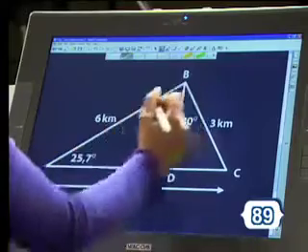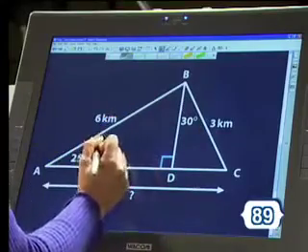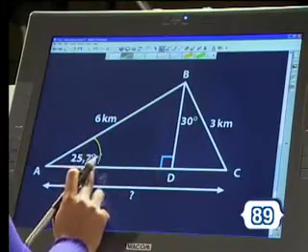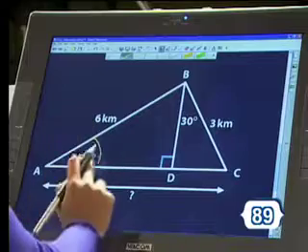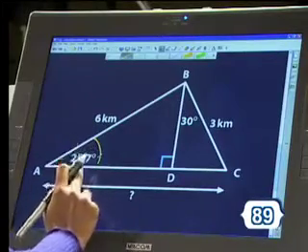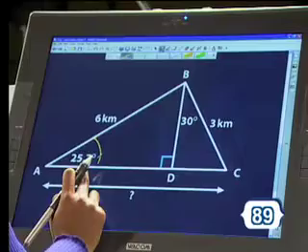So we're now going to take all of that information that we got from the bearing diagram and put it into a triangle so that we can work out his distance from his starting point. So as you can see, we know that AB is 6 k's. And I've shown you before that that angle is 25,7 because we took away his bearing of 64,3 degrees from 90 degrees.